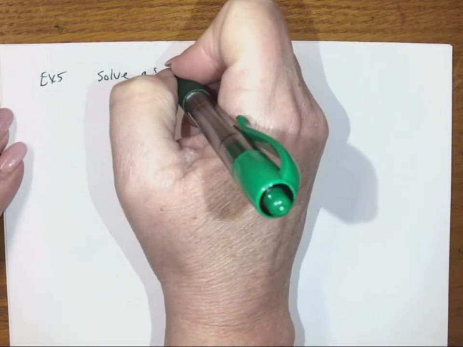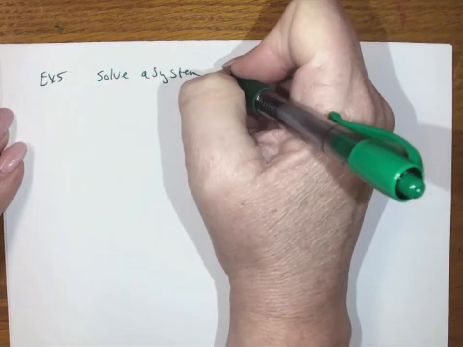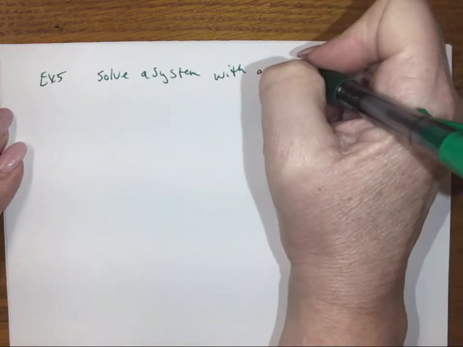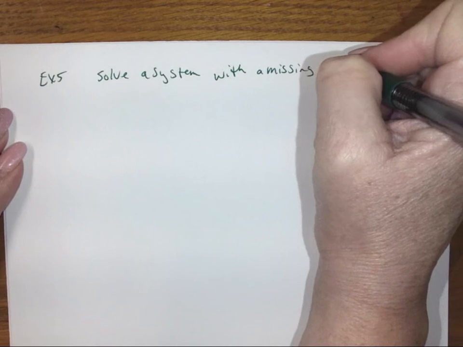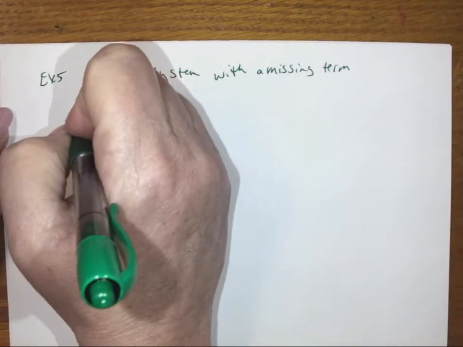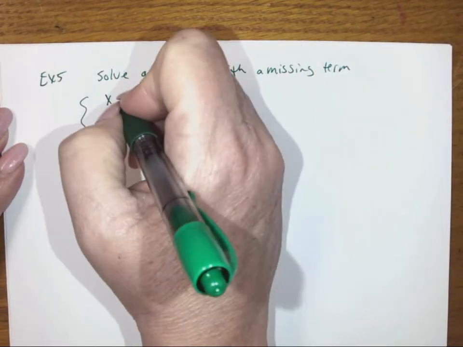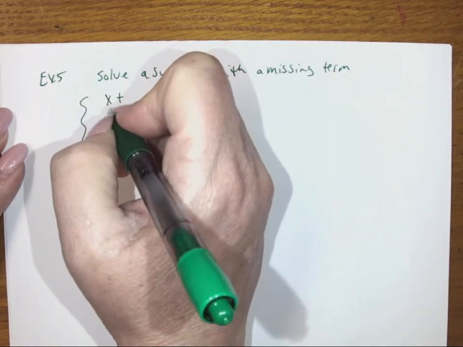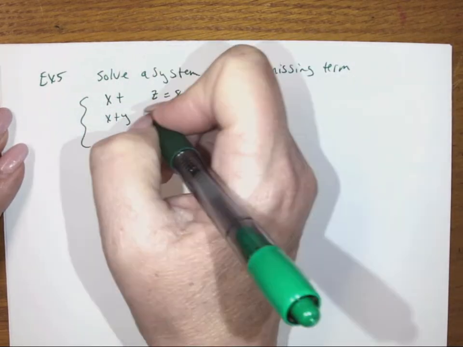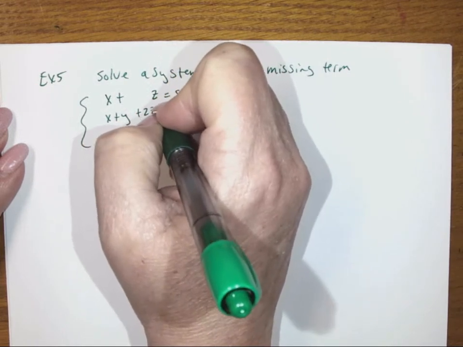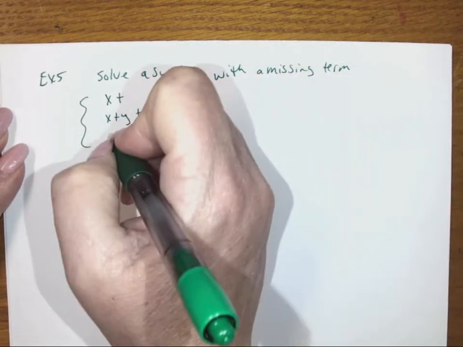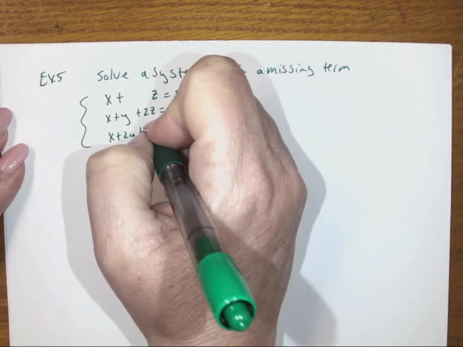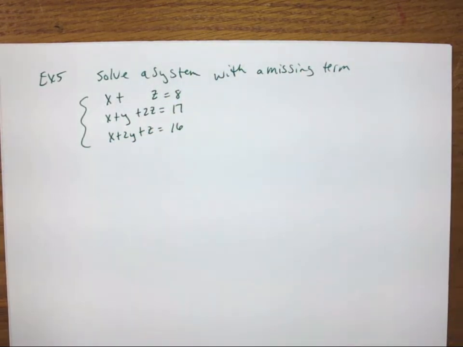So solve a system with a missing term. So here's our system. We have x plus z equals 8, x plus y plus 2z equals 17, and x plus 2y plus z equals 16.